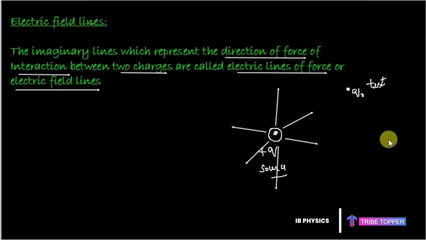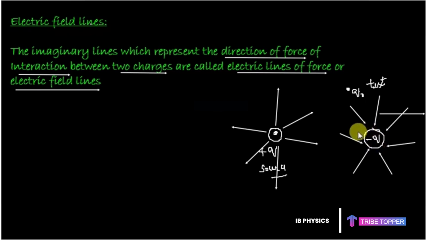And if I have a negative charge Q, then these same electric field lines would be pointing towards the charge. So in case of a positive charge, the electric field lines diverge out or originate from there, and in case of a negative charge, the lines of force end up at the negative charge.